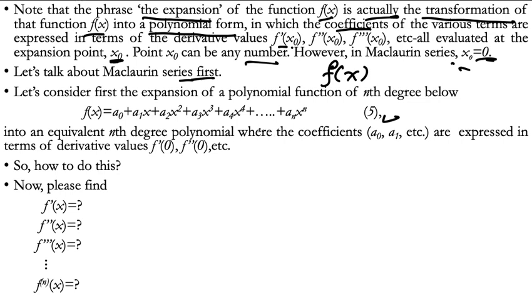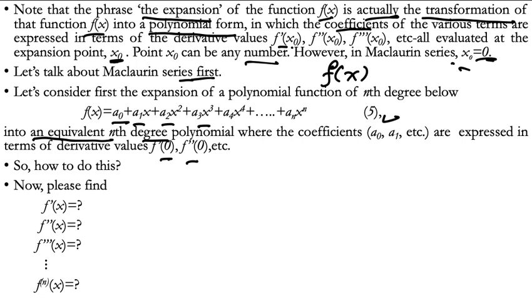What we want to do is expand it into an equivalent nth degree polynomial where we have the coefficients. Look here, these coefficients are expressed in terms of derivative values: f prime 0, f double prime 0, etc.